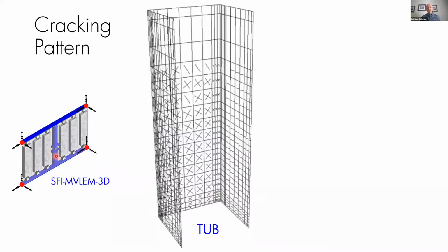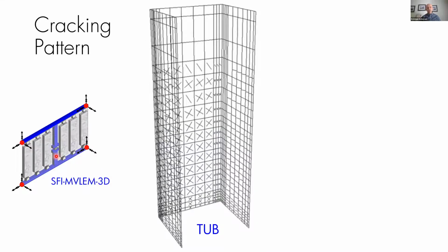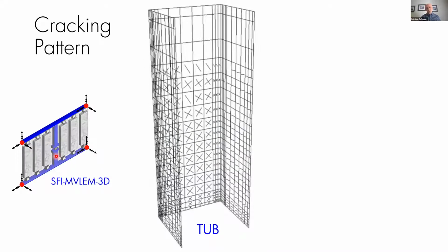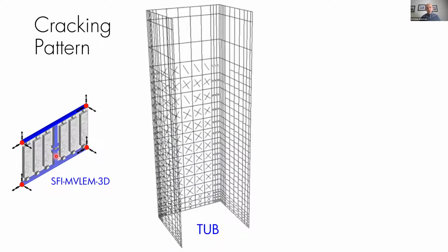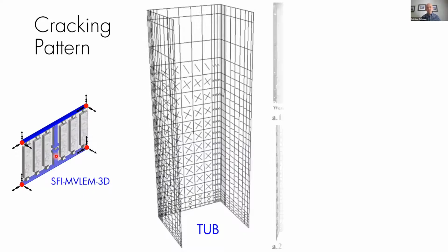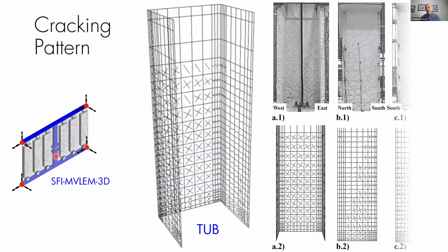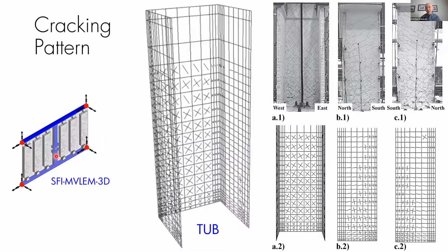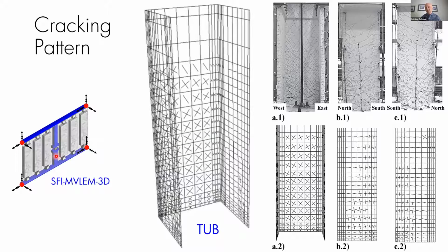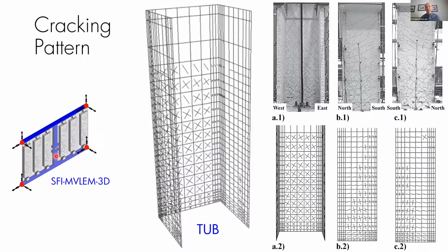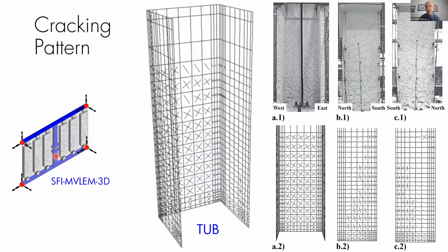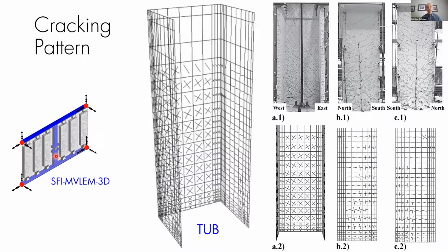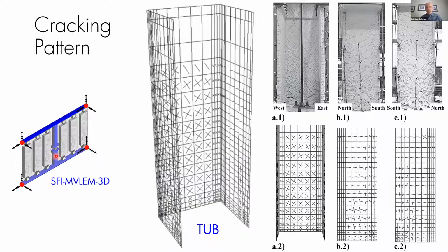It's interesting to see how they develop and form. After we observed these cracks, we compared them with the test specimens. And again, the distribution and orientation of cracks seem pretty reasonable, which tells us that the way stresses and strains are flowing through this model and the specimen are in reasonable agreement.